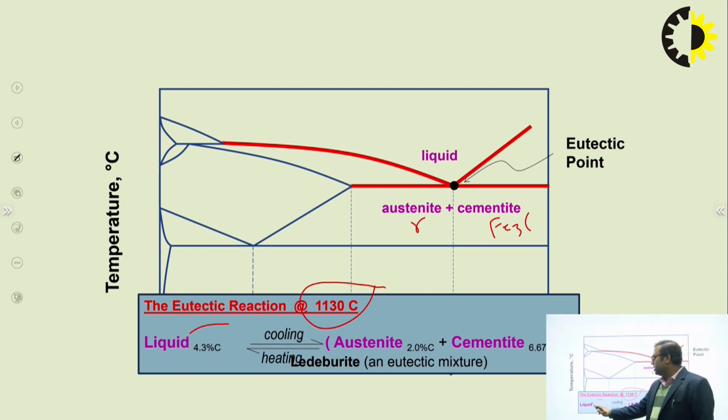These reactions occur at 4.3% carbon, and on cooling convert into austenite at 2.1% and cementite at around 6.67%. Cementite is formed when the carbon in iron is at the maximum of 6.67%. This mixture is known as ledeburite. It is also known as the eutectic mixture because it is formed at the eutectic temperature, around 1130 degrees centigrade.